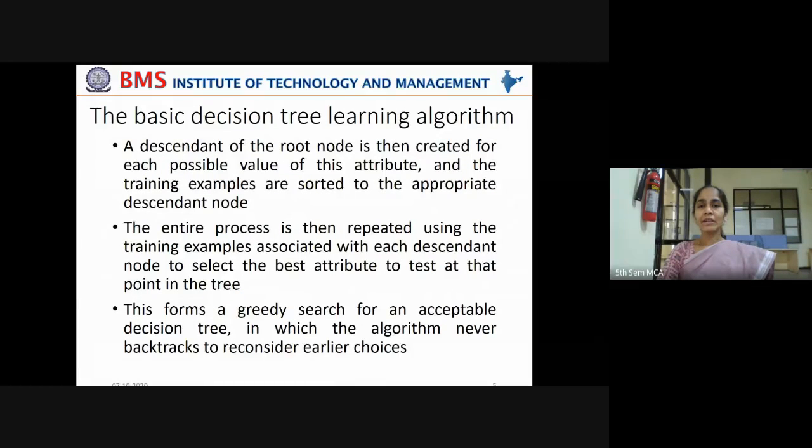Now a descendant of the root node is created for each possible value of this attribute, and the training examples are sorted to the appropriate descendant node. What do we mean by this? Say an attribute is checked at the root node. Now a descendant of the root node is created for each possible value of this attribute.